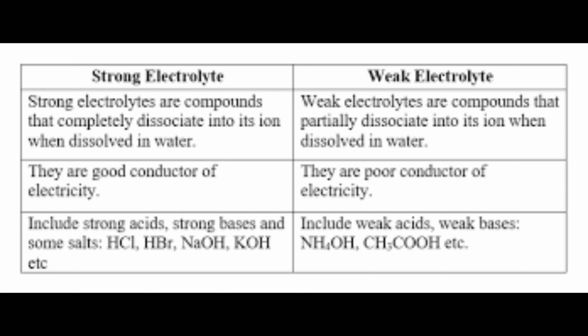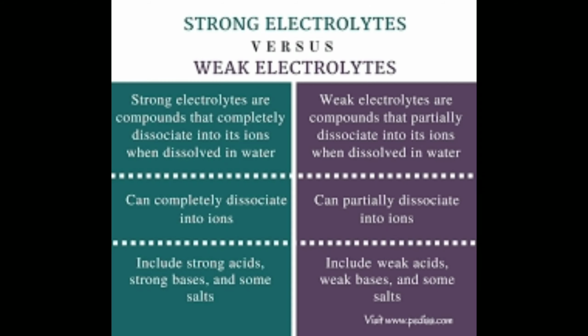Strong electrolytes are good conductors of electricity, but weak electrolytes are poor conductors of electricity. Strong electrolytes include strong acids, strong bases and some salts, and weak electrolytes include weak acids, weak bases and some salts.